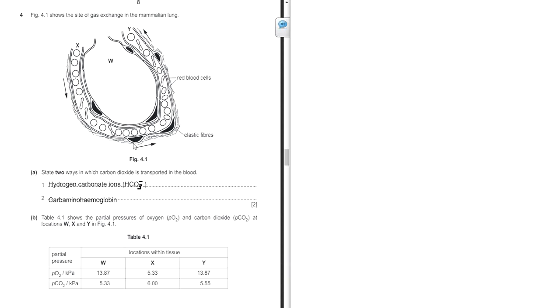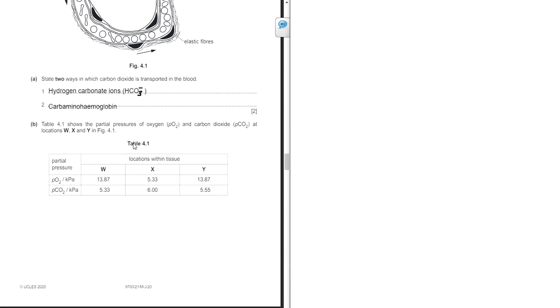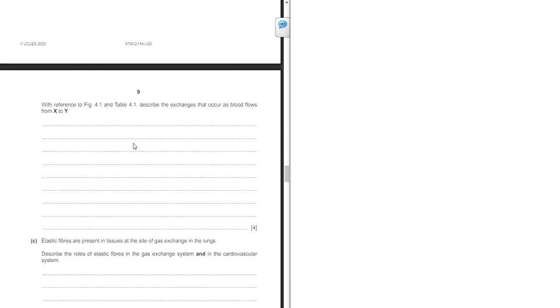Okay, let's have a look at the question. With reference to figure 4.1 and table 4.1, describe the exchanges that occur as blood flows from X to Y. All right, so let's approach this question.